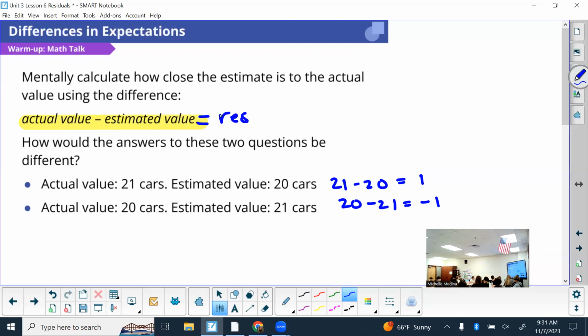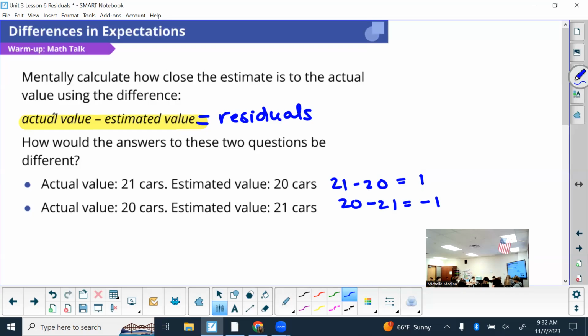So in your math talk section of your notes, you don't have to do this scratch work, but definitely write down the key points. When I say residuals equals actual value minus estimated value, you need that, especially for your homework. You need that for later.